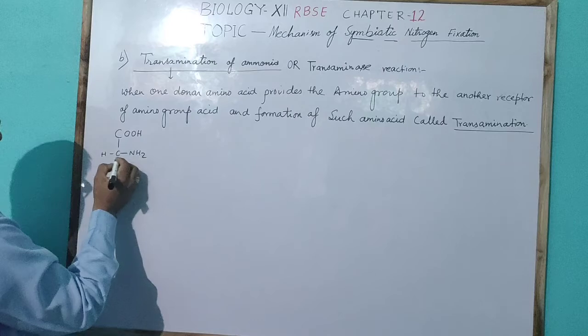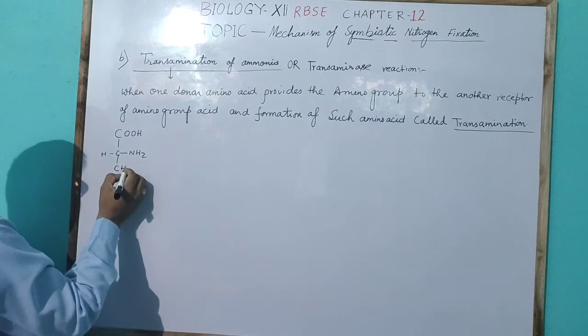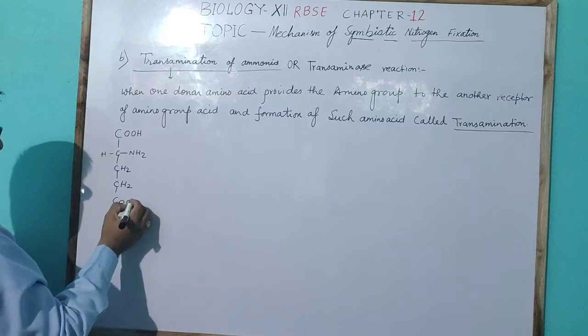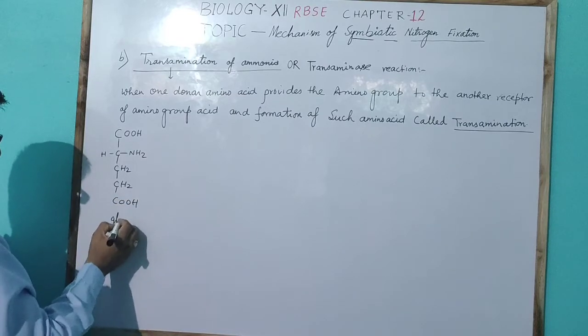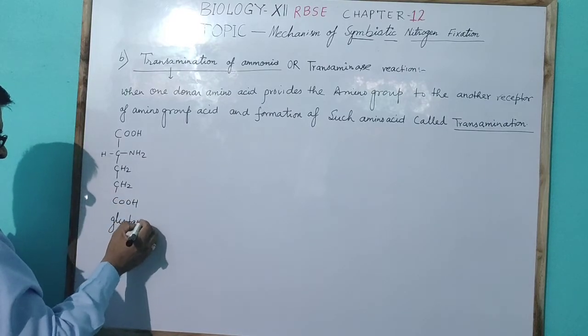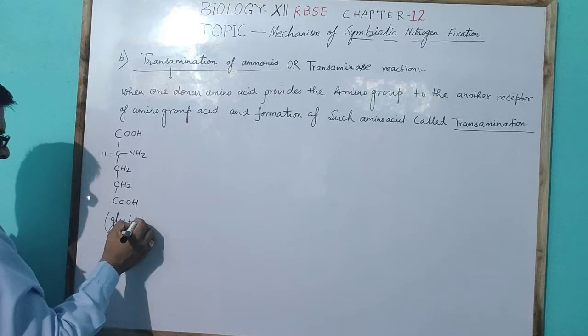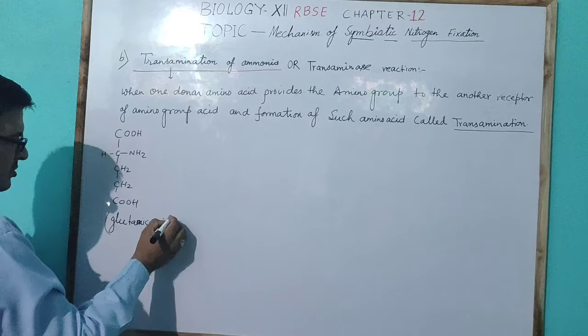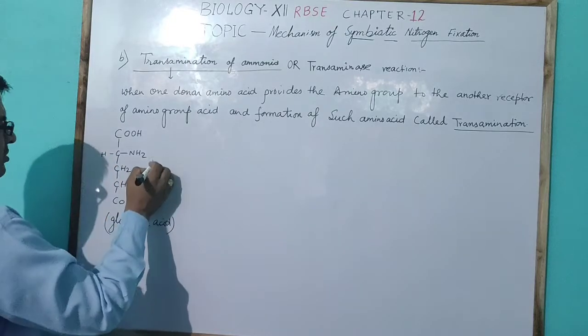CHNH2, CH2, CH2, COOH. This is the molecular formula for glutamic acid.